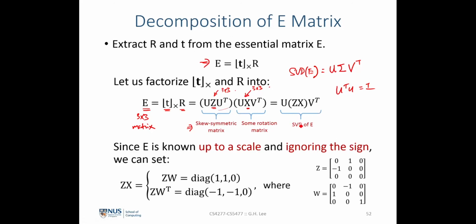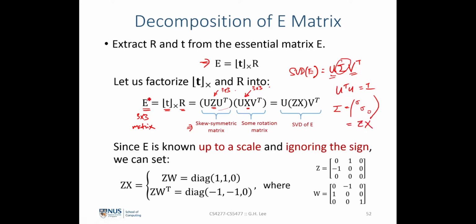And we can see that this is simply equivalent to the SVD, taking the singular value decomposition of the essential matrix over here, where U and V transpose are simply equal to the left and right orthogonal matrices of the SVD of E, and we'll have some clue over here that Z multiplied by X should be equal to the singular value diagonal matrix. So sigma over here should be, as we have seen earlier on, sigma, sigma, and 0, where the off diagonal are 0. And this should be the result of Z multiplied by X over here.